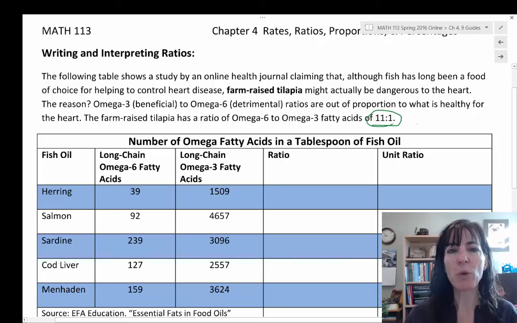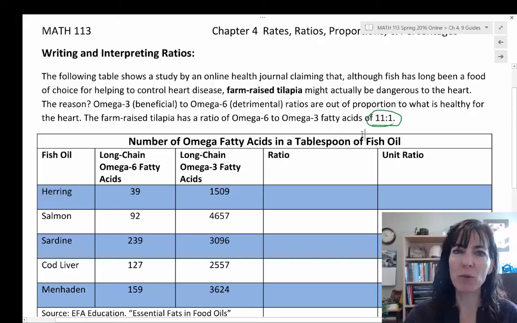So 11 to 1, we want to compare to that figure to see if we have a good rate or not. So here's herring. This is an example of a fish oil, and herring has 39 long chain omega-6 fatty acids, and it has 1509 omega-3s.